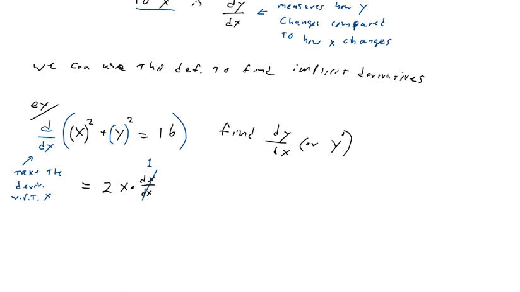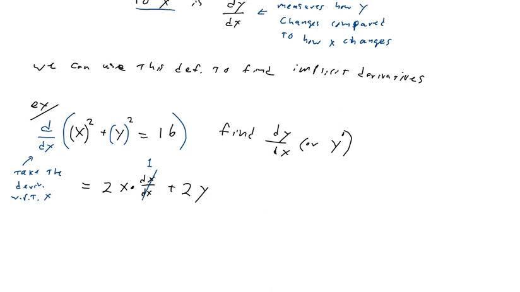So I've got the derivative of the x part, plus, doing the derivative of each piece, the derivative of the y part. I'm going to use my power rule on the outside: take the 2, bring it in front, leave the inside alone. This is my chain rule. Take the outside derivative, which is 2y.